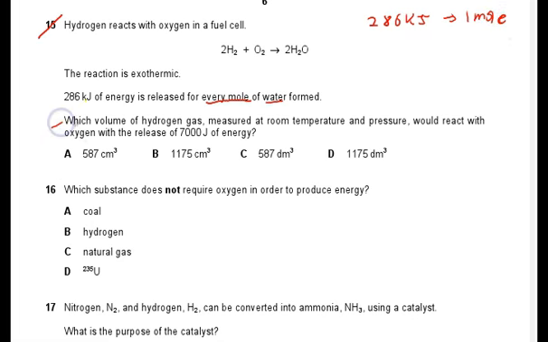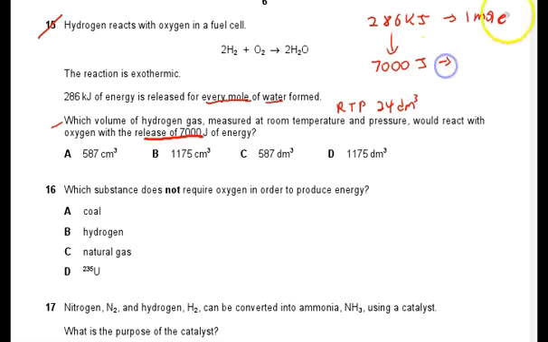Now which volume of hydrogen gas measured at room temperature, which is RTP, 24 dm³, would react with oxygen with a release of 7000 joules? So here it's only 7000 joules.